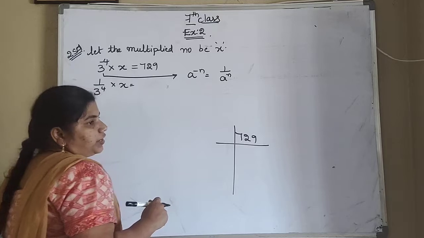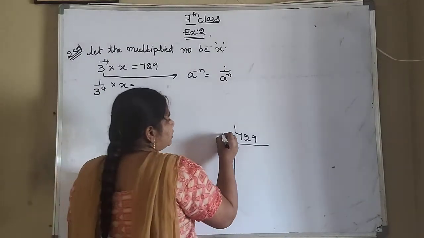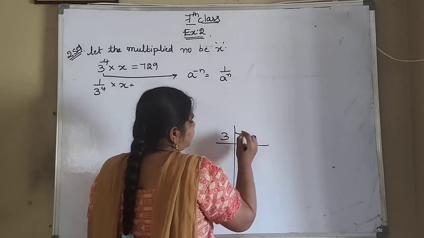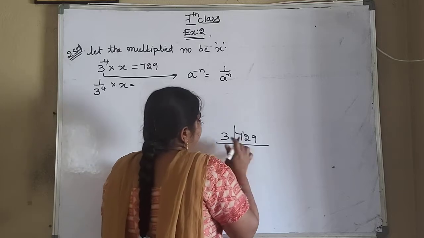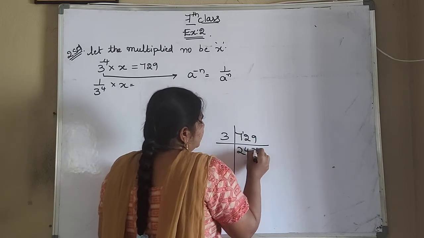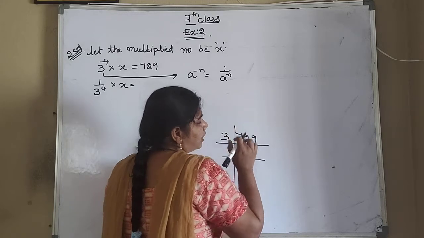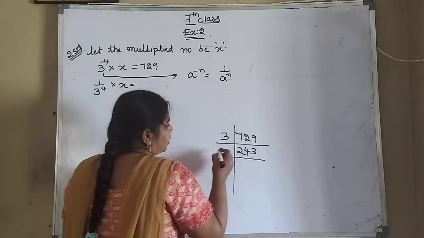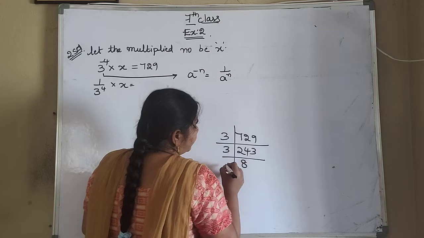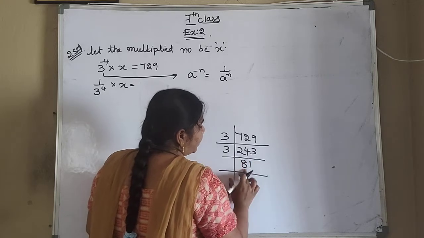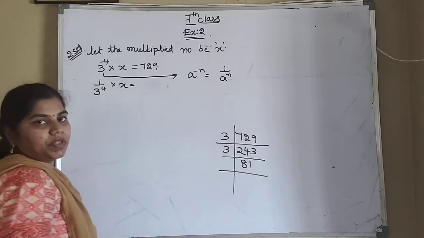So it will go in the 3 table. 3 2s are 6, 1 will be carried. 3 4s are 12, 3 3s are 9. So 3 243s are 729. Now again in the 3 table: 3 8s are 24, 3 1s are 3. So 3 81s are 243.